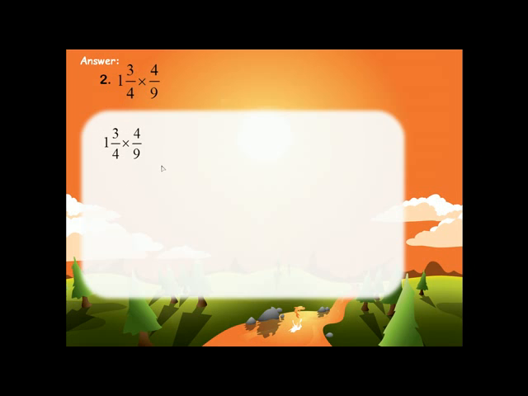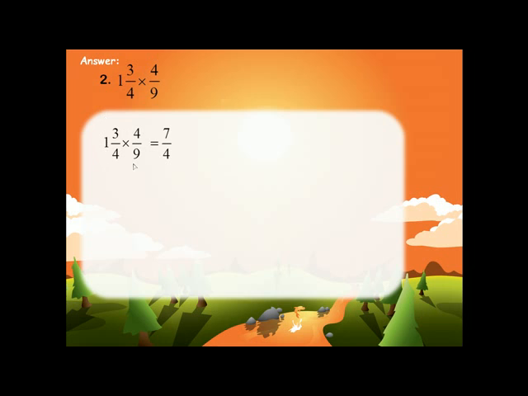If we have a problem like this, 1 3/4 times 4/9, we must transform the mixed fraction into a simple fraction. 1 3/4 is a mixed fraction.